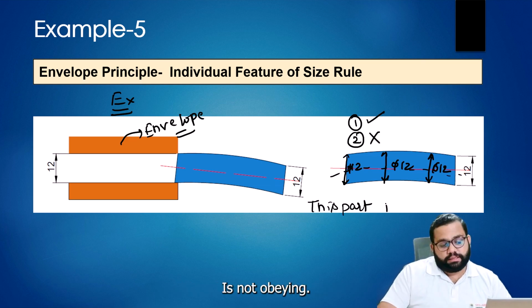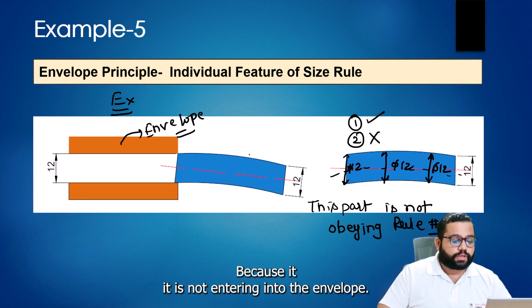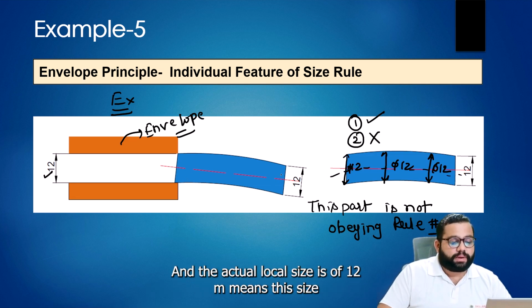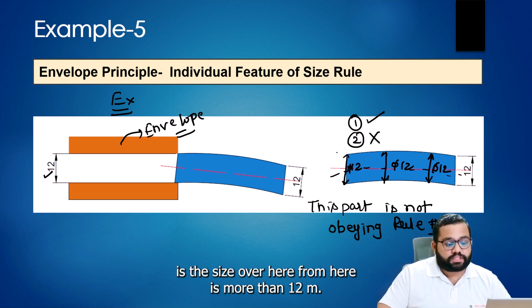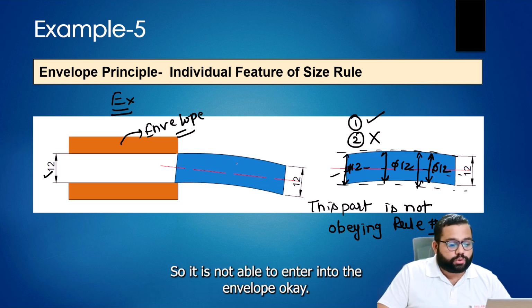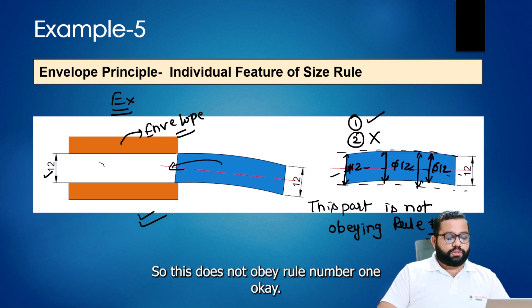The maximum size we have over here is 12 mm, but it has a bow shape, and the size over here is more than 12 mm, so it is not able to enter into the envelope. So this doesn't obey rule number 1.